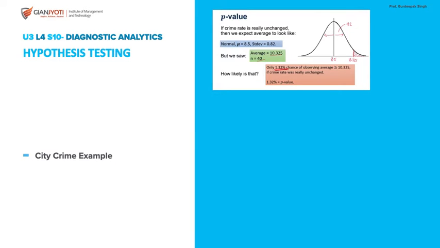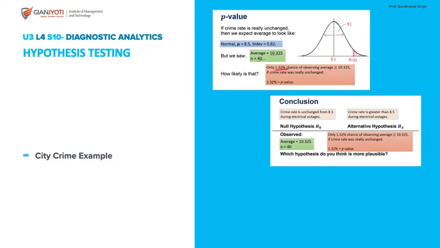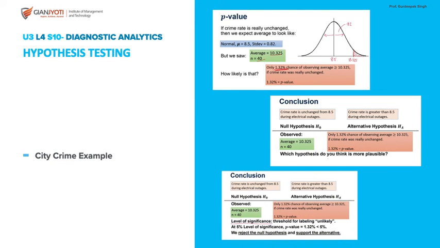Now how do we interpret things? We saw this and the p-value is 1.32, so for 10.325 this is around 1.32%. So how do we decide? We take what we call a level of significance. Generally the level of significance we take is 5%, but this is a threshold limit which you can change.